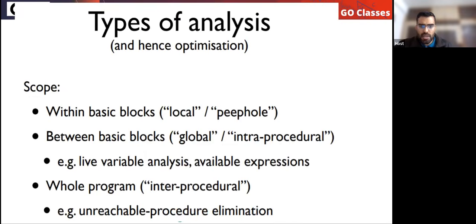So what are the types of analysis? This also we have seen in the last class. Suppose you do analysis within a single block. For example, you have a control flow graph.